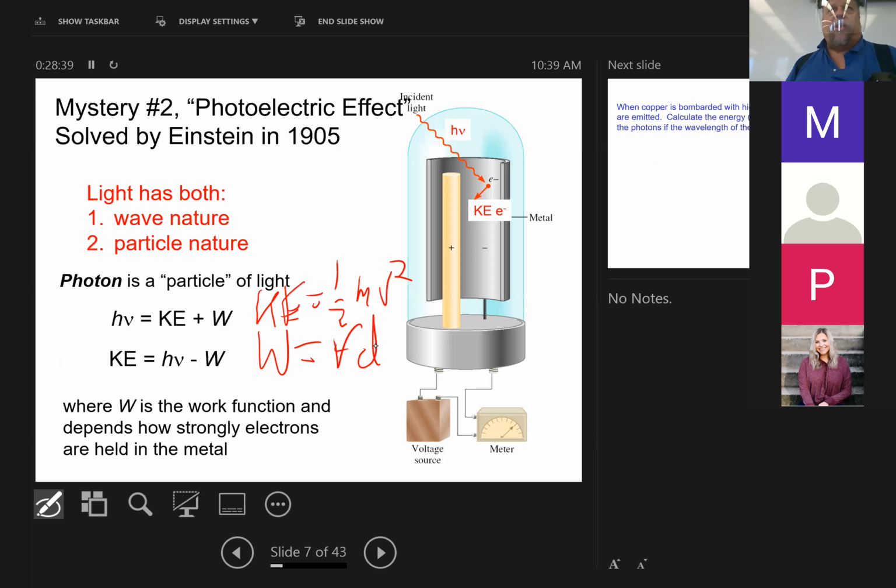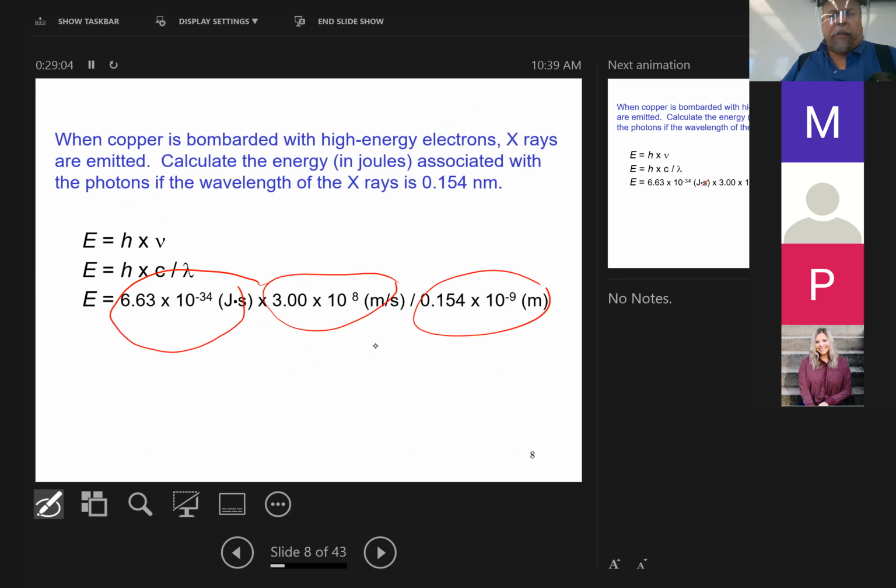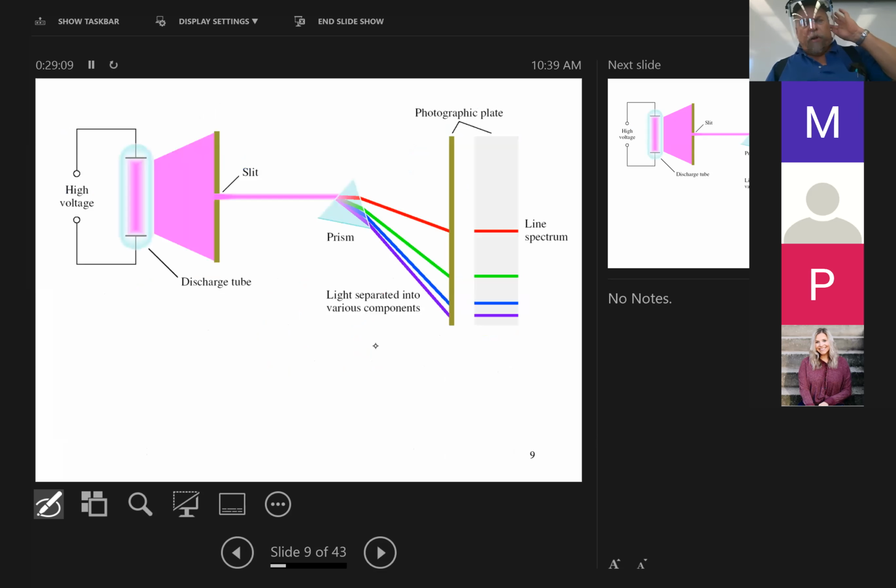But again, that's not my choice. It's the choice of the department. The kinetic energy is 1/2 of the mass of the electron times the velocity squared, because there's kinetic energy in each of the electrons going through that. So you just plug the values in there, and you can see how these work together and calculate the joules.